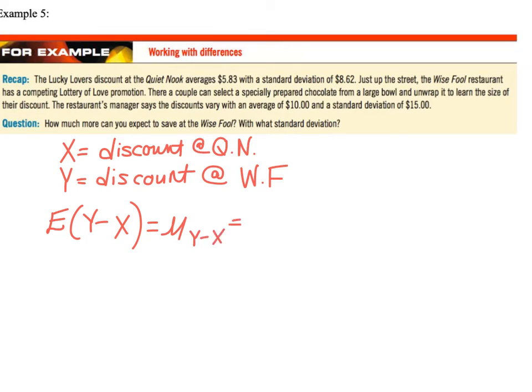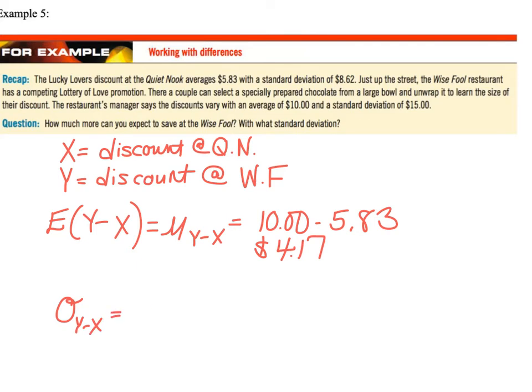So what do I do? I just subtract the $10 minus the $5.83, which would be $4.17. How about the standard deviation? So the standard deviation of Y minus X is equal to the standard deviation of Y plus X. Why did I just change it to addition?